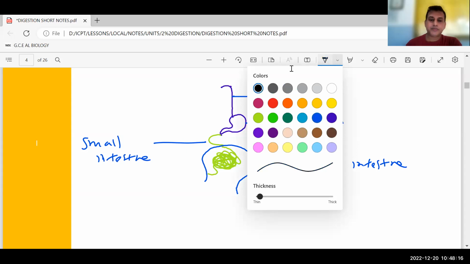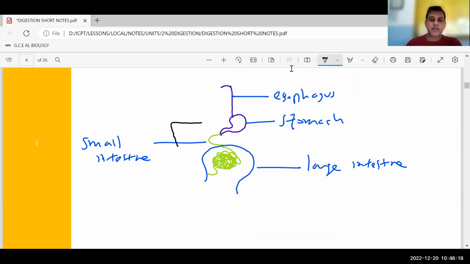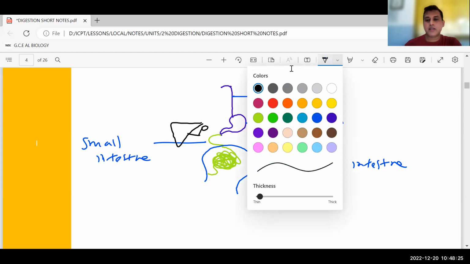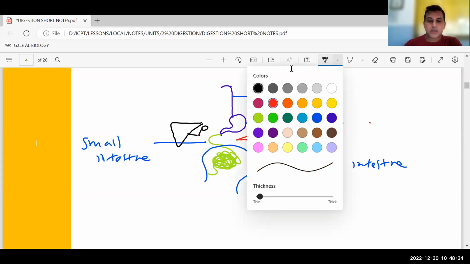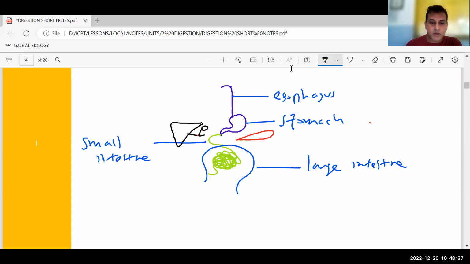Right, there is another one, liver and gallbladder, and on the other side, pancreas. So this is coming to the small intestine, and there is a duct, a tube coming to this place, and then both join together and now enter into the intestine.